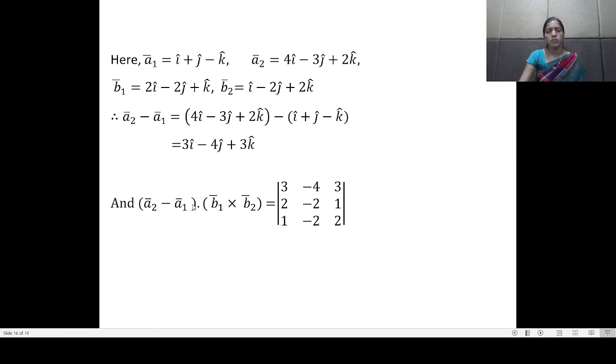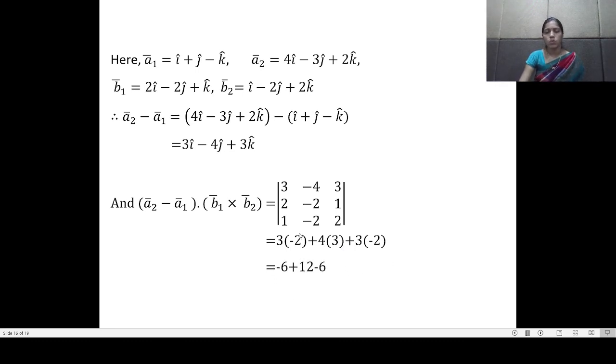and a2 bar minus a1 bar dot b1 bar cross b2 bar is equal to the determinant. First row is 3, minus 4, 3, second row is 2, minus 2, 1, third row is 1, minus 2, 2. So solve this determinant of order 3. We get 3 in bracket (minus 2 plus 4), in bracket minus of minus, plus 4 in bracket (3 plus 3), in bracket (minus 2).